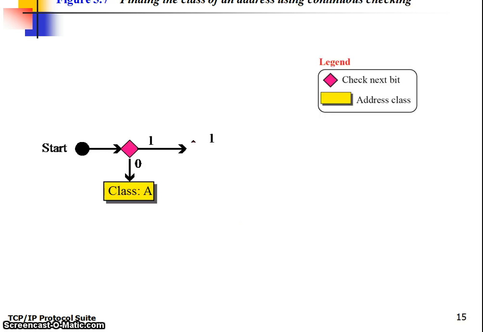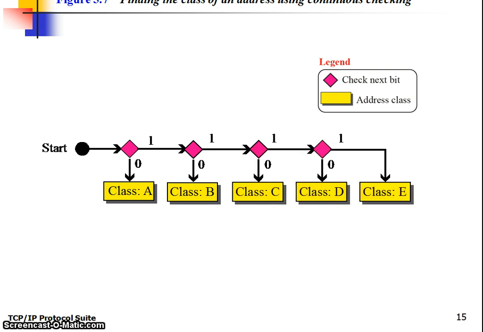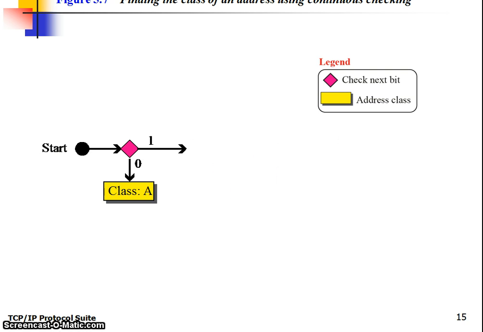Here, to understand the binary format, a simple flow chart is given. Okay. Now, let us understand this flow chart. If the input or the first bit is 0, then it will be considered as a class A. If it is 1, then we will move to the next.